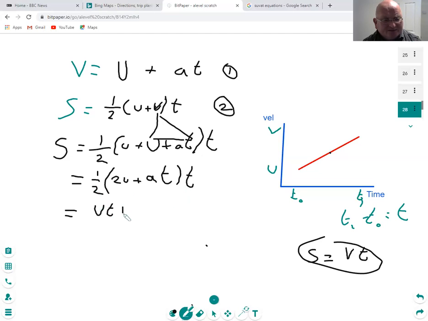And then the other bit is half of at squared, because there's a t inside the bracket and a t outside the bracket. So there we have, I've done a bit of working out, but there is the third of the Suvat equations, and it is ut plus half of at squared will give you the distance.